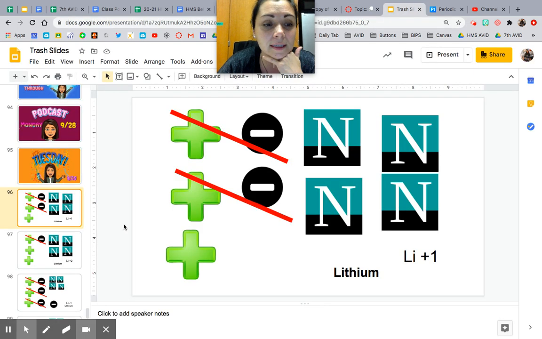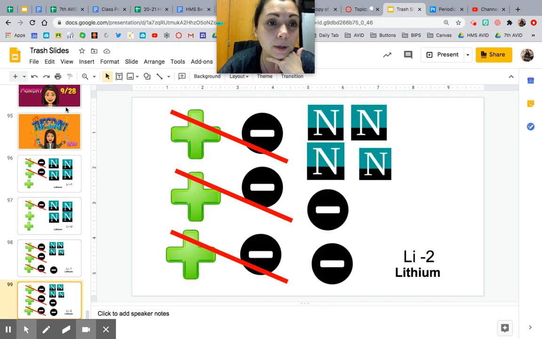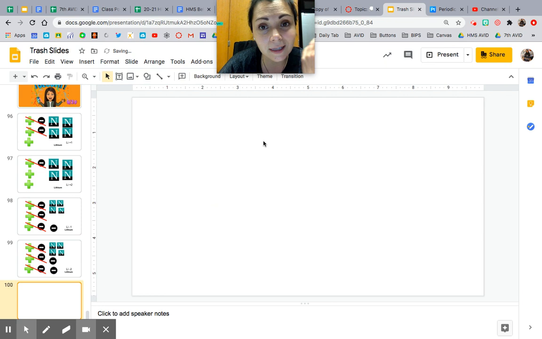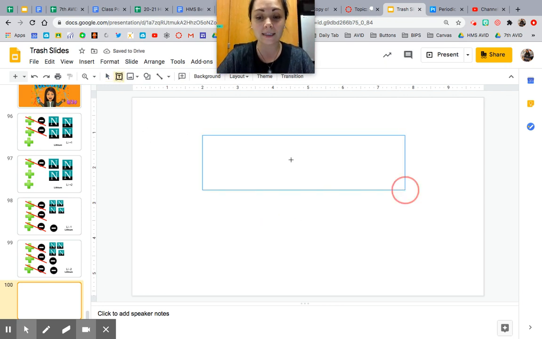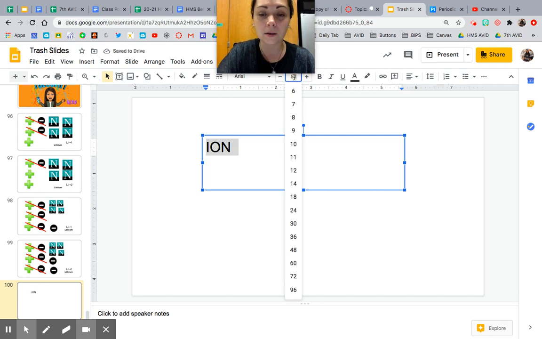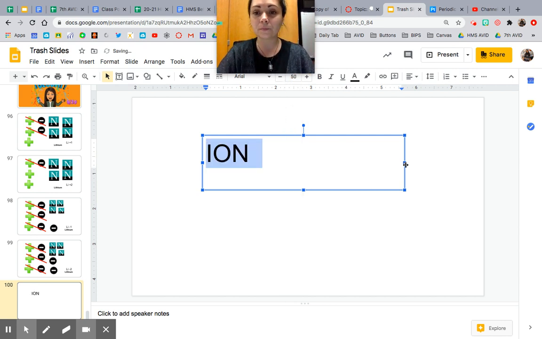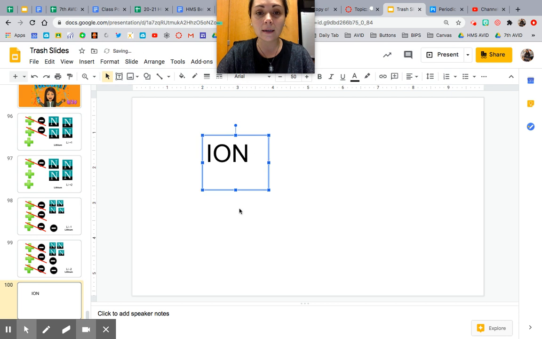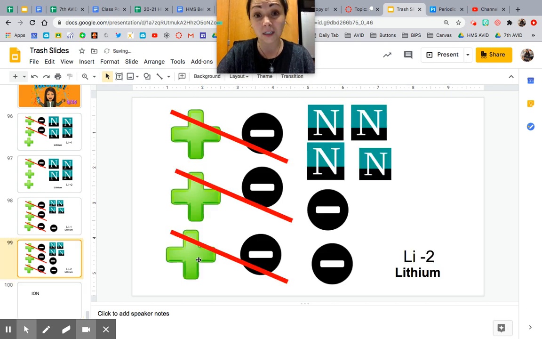So that leaves ion to be the other one. And y'all, I know this is silly, but this is how I remember what an ion is. Some people look at me like, what are you talking about, Miss Brown? So here is what I remember when I think of ions. The I to me kind of looks like a plus sign.